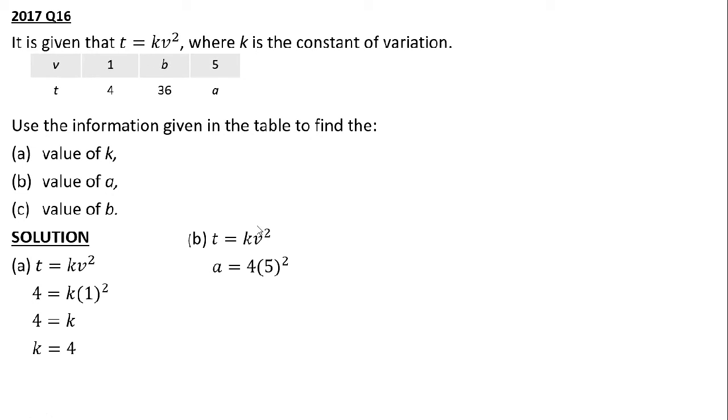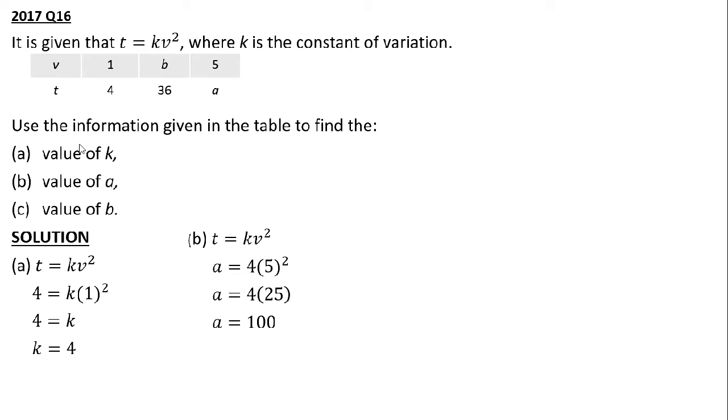So where there's v, we'll put a 5. 5 squared means multiply 5 by itself twice, which gives us 25. 4 times 25 gives us 100. So our a is equal to 100.